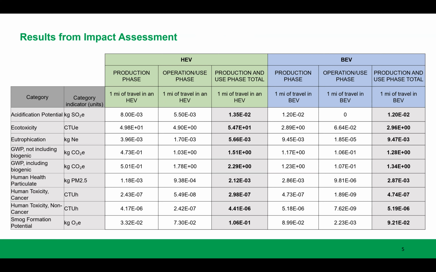According to the results, the BEV has a higher impact on most categories in the production phase. HEV has a higher impact on every category in the operation phase. However, when the impacts of the production phase and the operation phase are combined, we found that HEV has a higher impact on acidification potential, ecotoxicity, global warming potential, and smog formation potential.